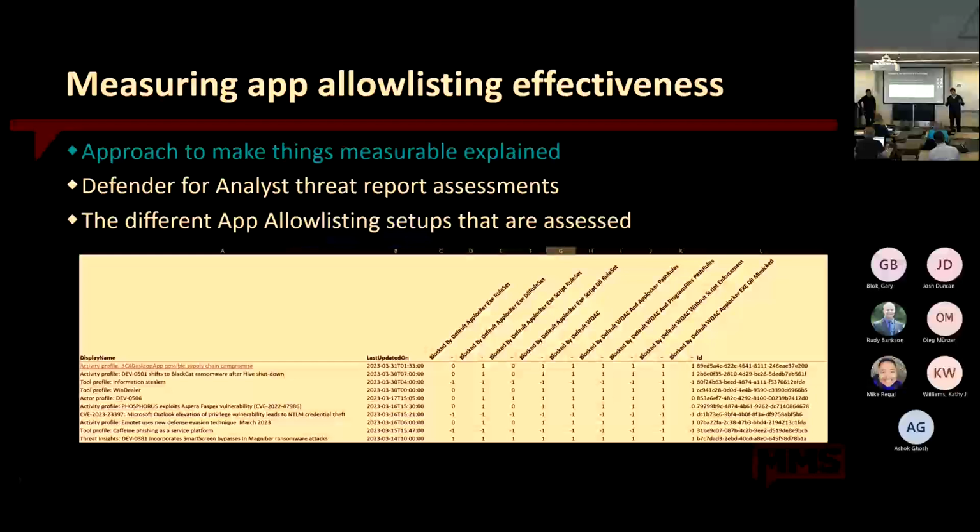Right? So we basically take them out of the equation. There's a number of threat analyst reports that are not detailed enough. A lot of them are extremely detailed, but some of them are just not detailed enough for us to make an actual assessment. We take them out of the equation because I can't say yes or no, I basically do not know.